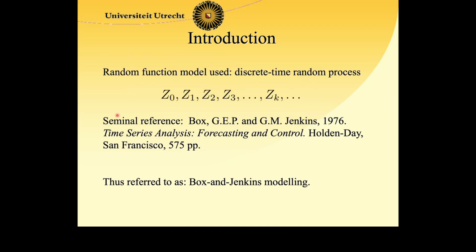Now the seminal reference on how to analyze these types of random functions or time series is Box and Jenkins, Time Series Analysis, Forecasting and Control. This book appeared first in 1976, and it has been the basis of much research on how to analyze these time series and use these analyses for all kinds of purposes. Actually, Box and Jenkins are not hydrologists.